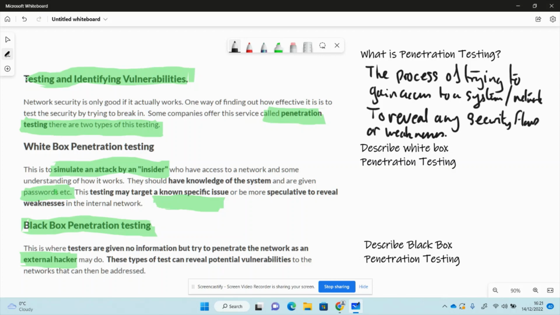If you're asked to describe white box penetration testing, or clear box, then it's to simulate an attack by an insider.